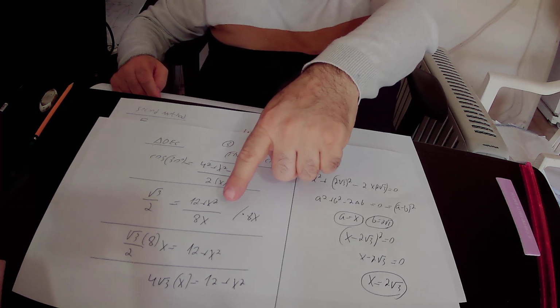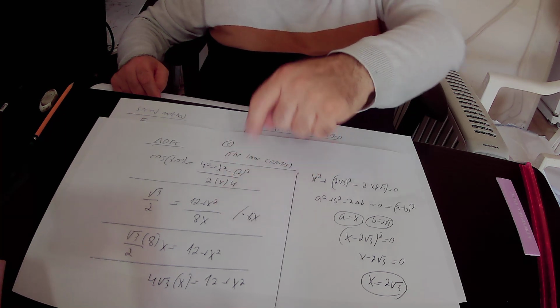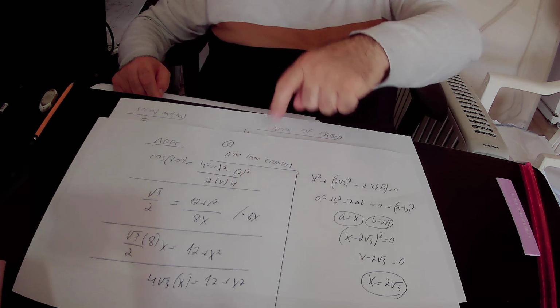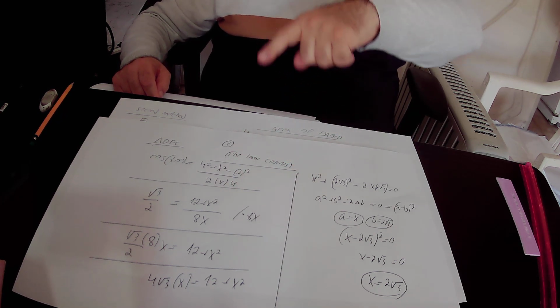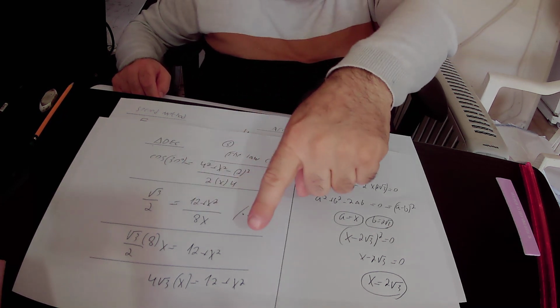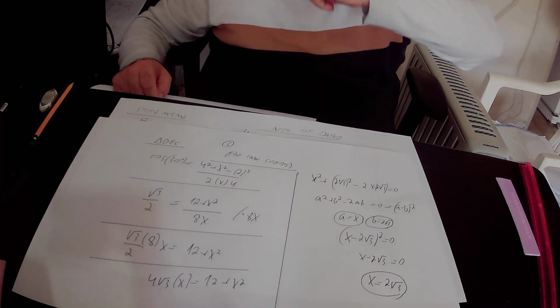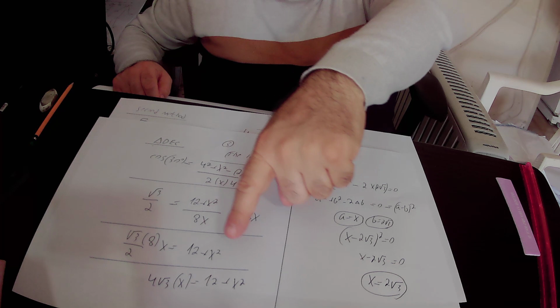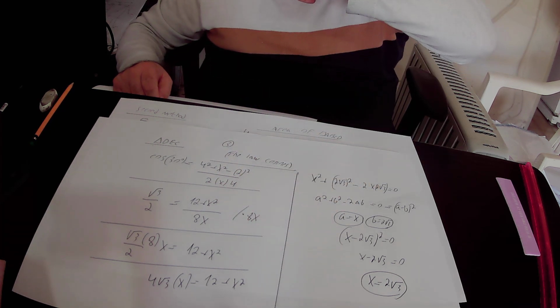So in conclusion, in the denominator we have 8x. Here we multiply this equation by 8x, and we got that 8x times root of 3 over 2 equals 12 plus x squared. 8 over 2 is 4. So in conclusion, we got this equation.